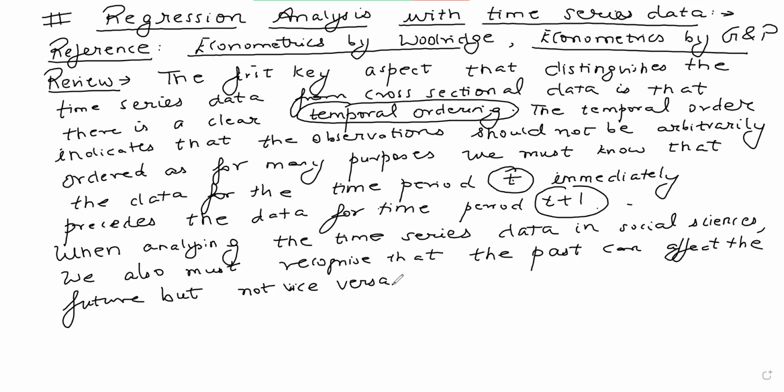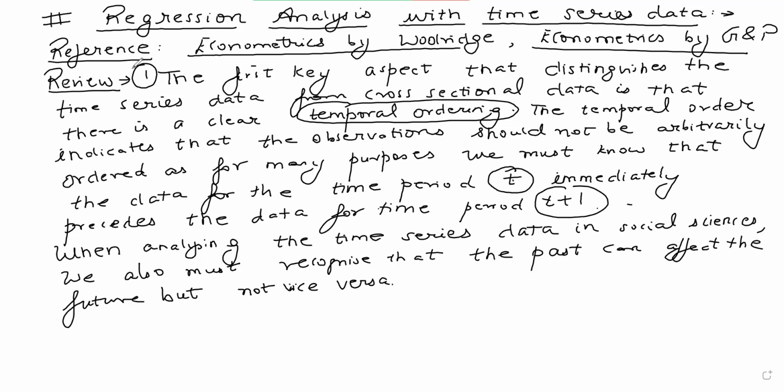Okay, so this is the first point within the review portion. I'm revising the first point again. We have started our lecture with time series data, but before digging deeper into the regression, we are first of all comparing time series with cross-sectional data. One of the major differences between time series and cross-sectional data is that in time series data, all the data is ordered temporally.